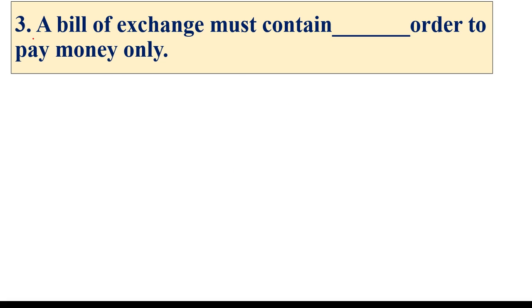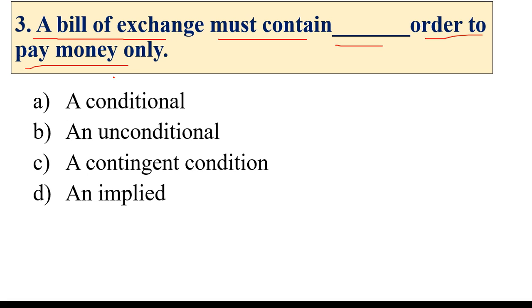Question number 3 is, a bill of exchange must contain dash order to pay money only. So let's see the options. Option A is a conditional order, option B is an unconditional order, option C is a contingent condition, and D is an implied order.